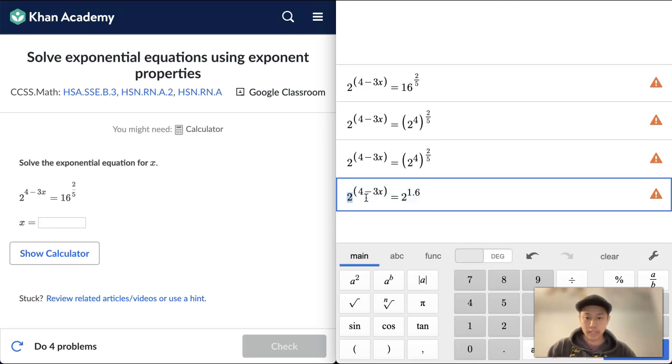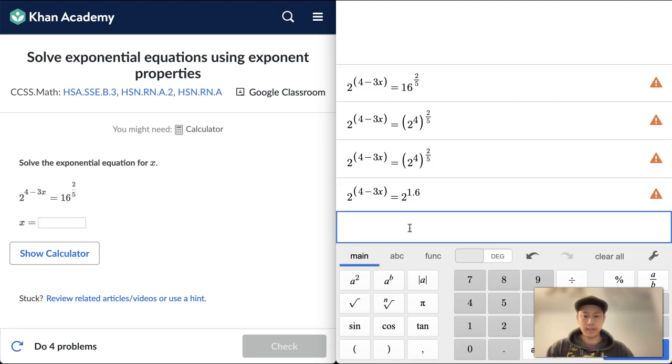If you are successfully able to set these bases equal, right, then that means, by logic, the exponents have to be equal. So I'm going to forget about the bases now. I don't care about the 2's anymore, right? Because my x term that I'm trying to solve for is in the exponent on the left side.